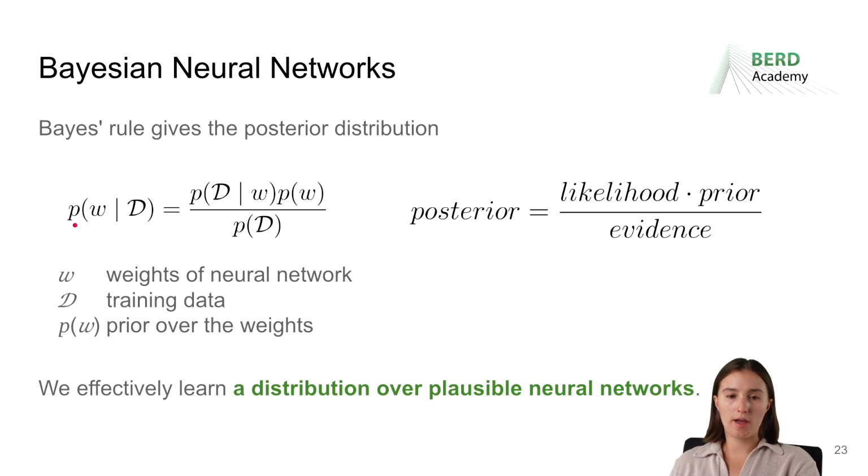And since we want a proper probability distribution here, we need to normalize it by the evidence. This is the probability to observe all of the data.